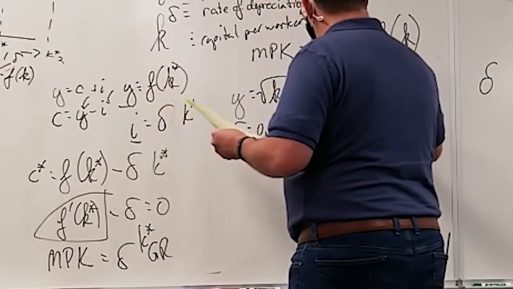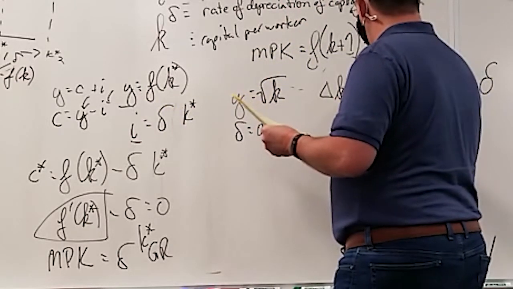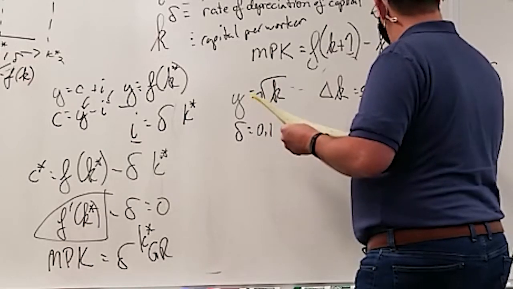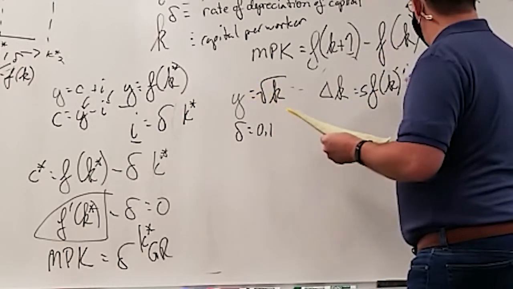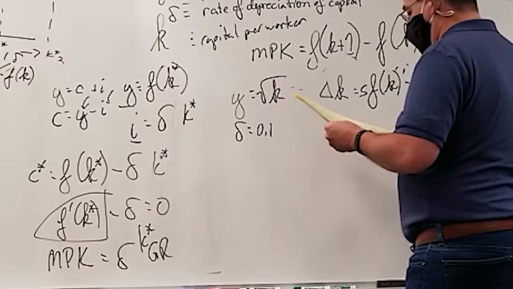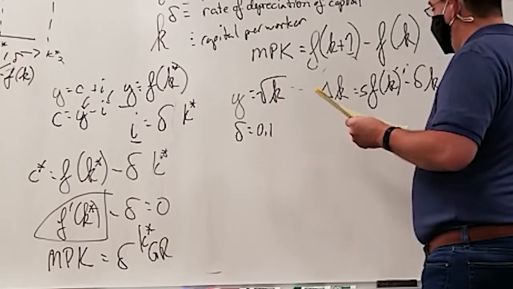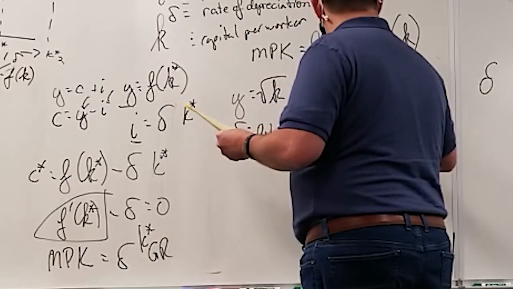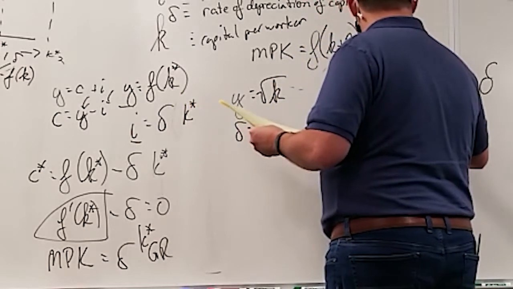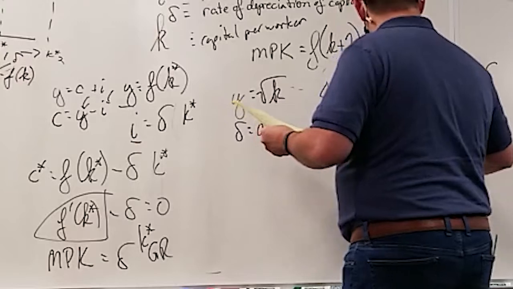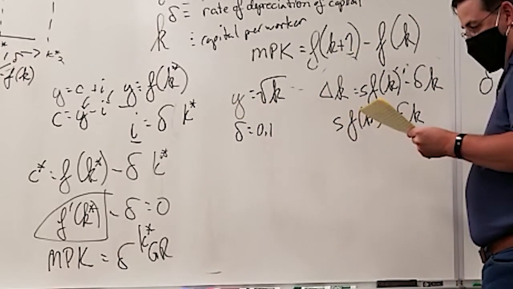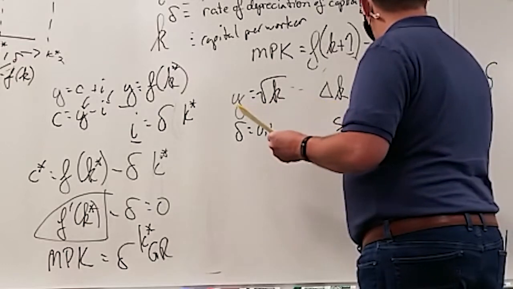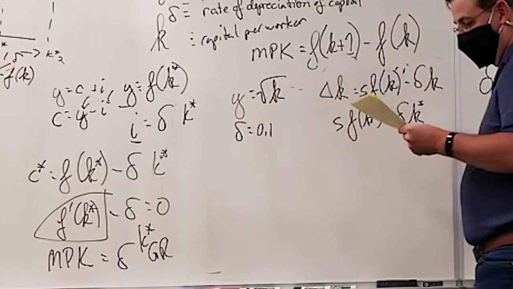The change in capital, effective capital, is equal to what we save and what we produce minus what wears out. Maximized s f of k is equal to delta k. And that would give us k star when it's maximized.